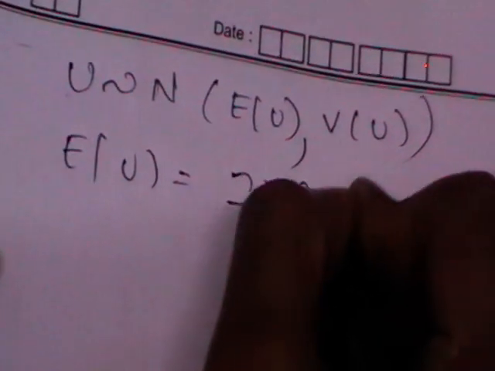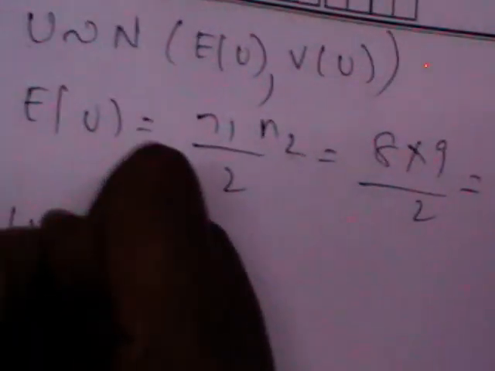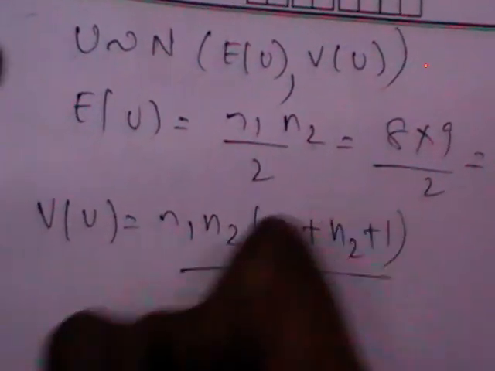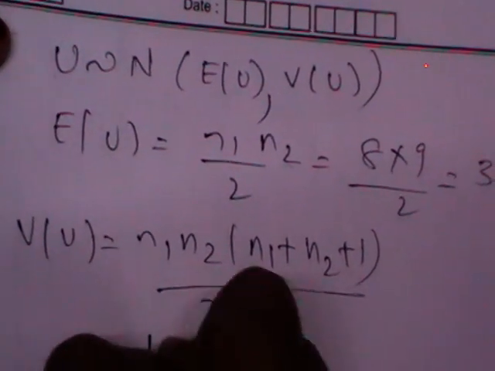After U, it is given that U follows normal with expectation of U and variance of U. What is expectation of U? n1 n2 by 2, 8 into 9 by 2, which is nothing but 36. Variance of U is n1 n2 into n1 plus n2 plus 1 by 12. So substitute n1 and n2, and variance of U is nothing but 108.